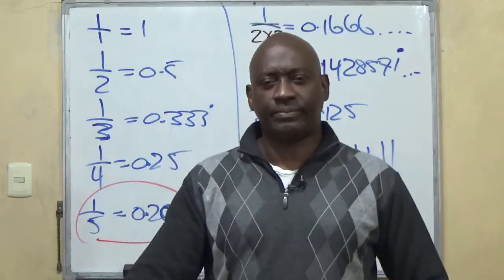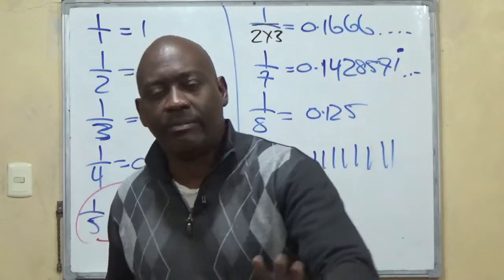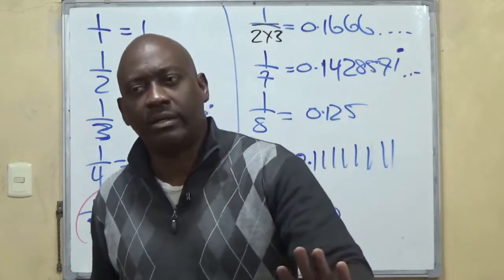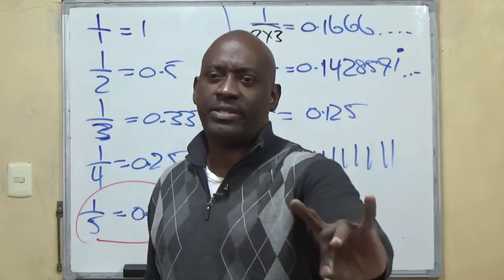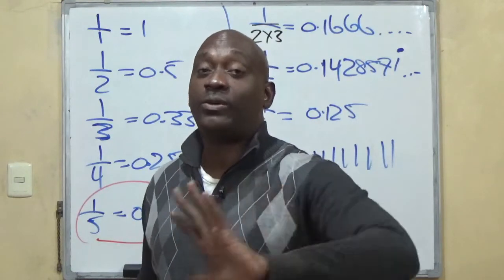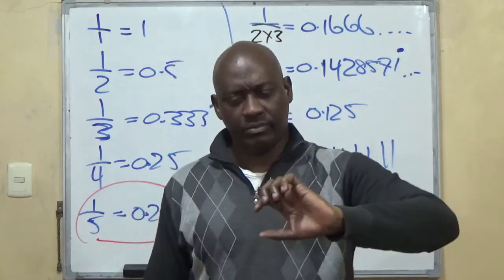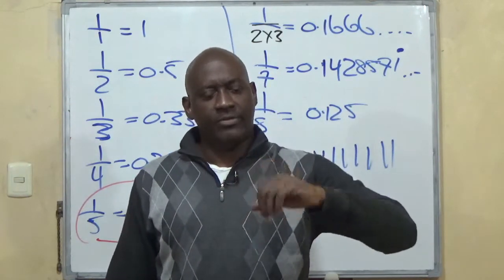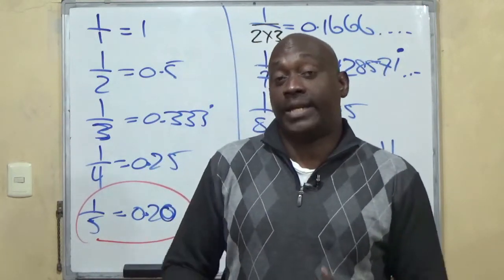So in other words, if you multiply 5 by any integer, you get a multiple. 5 by 1 is 5, 5 by 2 is 10, 5 by 3 is 15, 5 by 4 is 20. All of those are multiples of 5. If you raise 5 to an integer power, you get powers of 5.